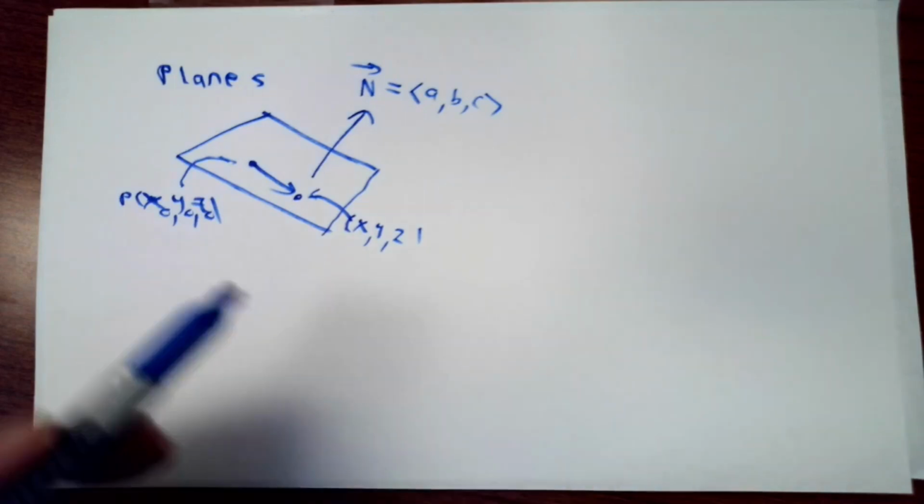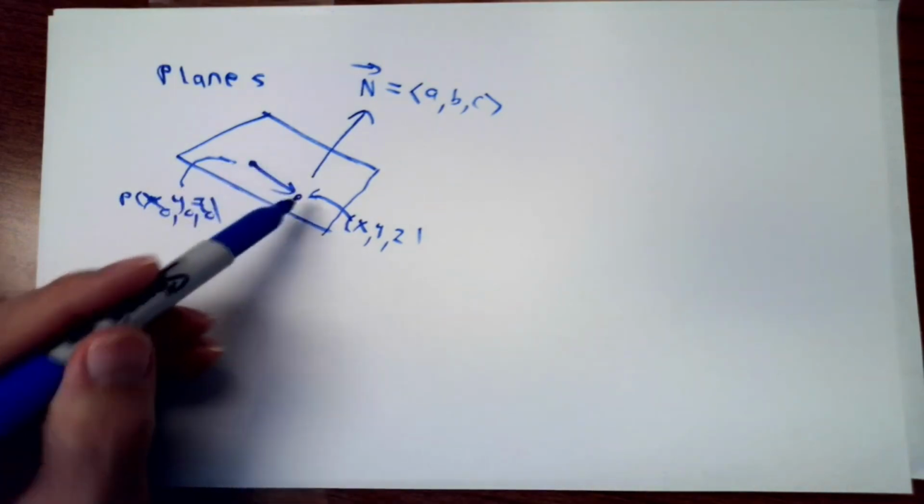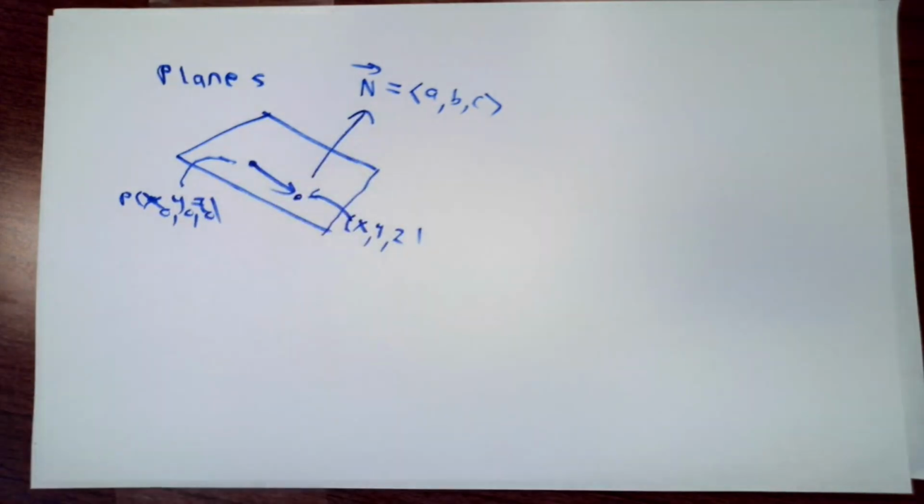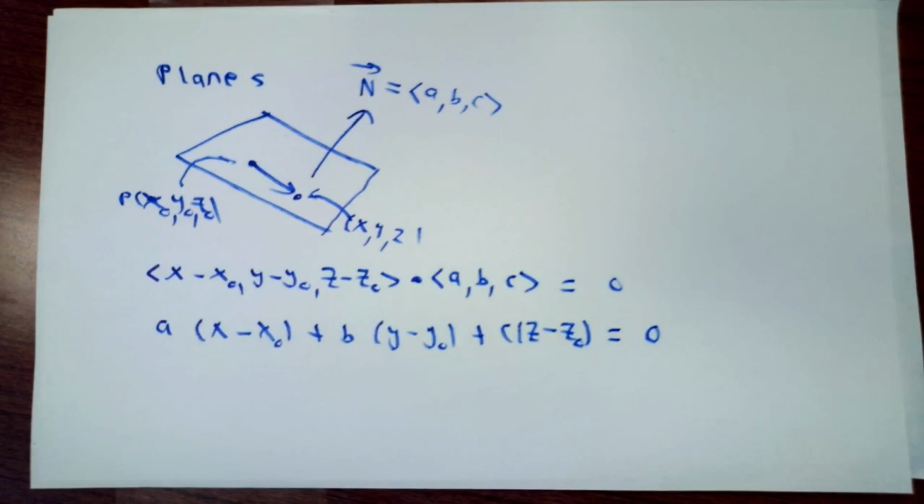That is to say, this vector dot product with the normal vector must be 0. This immediately leads to the equation a times (x minus x0) plus b times (y minus y0) plus c times (z minus z0) equals 0.